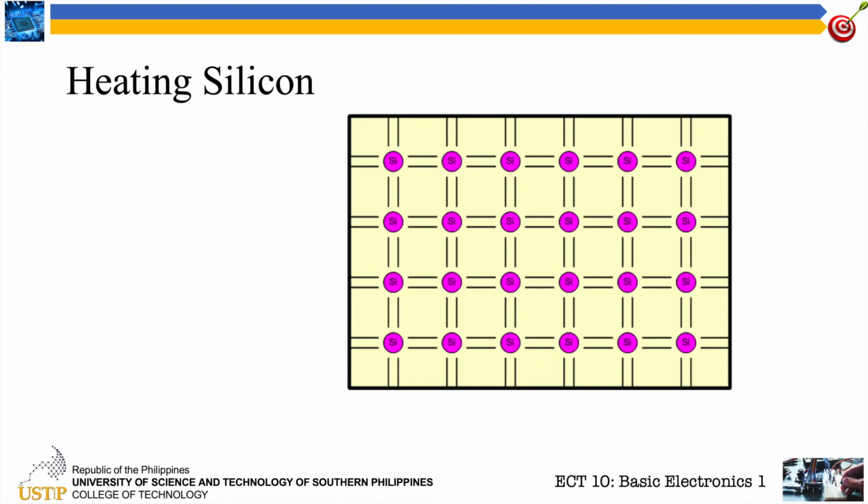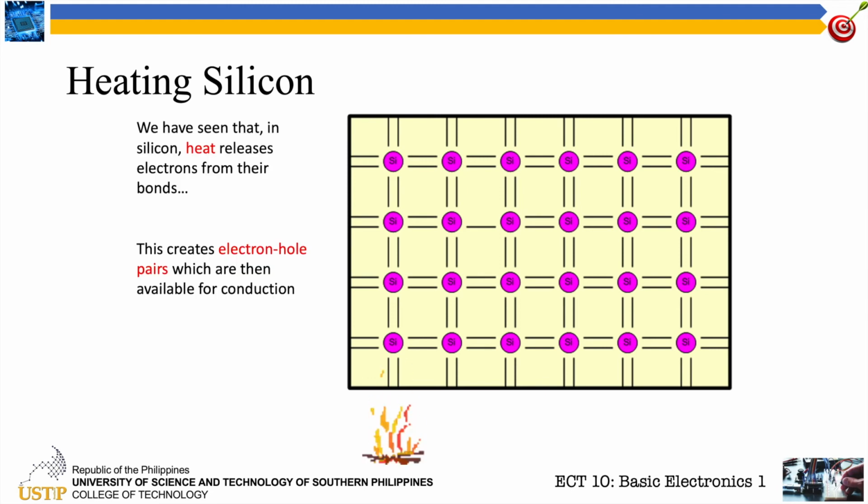So now, we're going to observe what happens to our bare silicon if we add more heat. One electron is freed for conduction. If one electron breaks from the bond, you have there a hole. From the bare one, we apply heat.